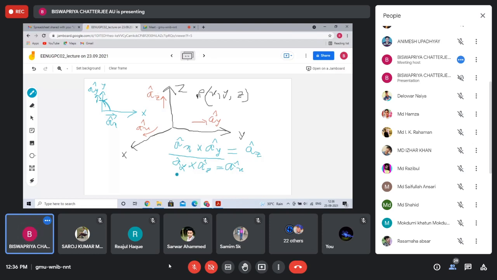And finally, if you rotate A Z towards A X, following the order X Y, Y Z, and Z X, it will generate a third vector directed along A Y. So this is what we call the right-handed system.